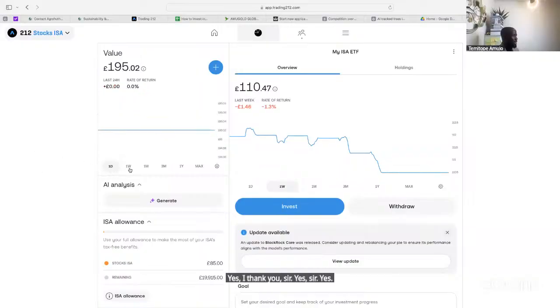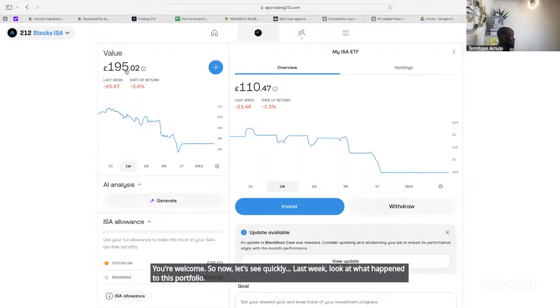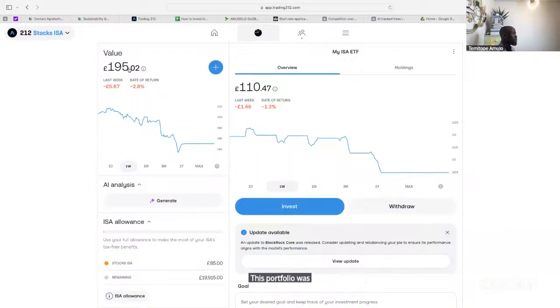So now, let's see quickly. Last week, look at what happened to this portfolio. This portfolio was 201 pounds, 69 pence. And last week, the portfolio lost £5.67.